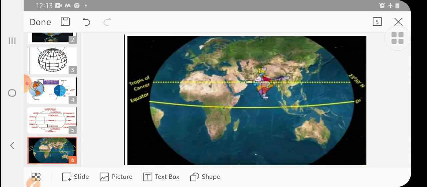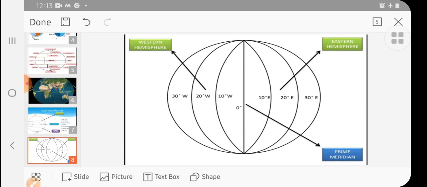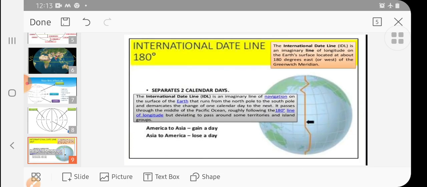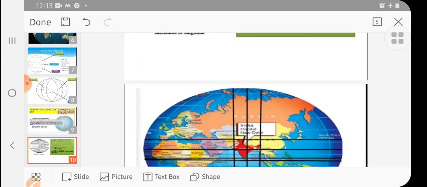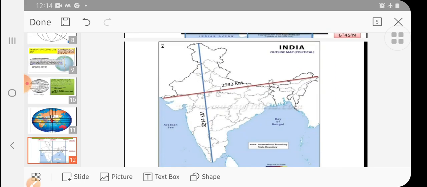After that, the Tropic of Cancer and the equator, the effect of these two lines on India and its climate. Then major lines of latitude, then hemispheres, then the international date line. So this is the basic knowledge we must have to understand the size and location.